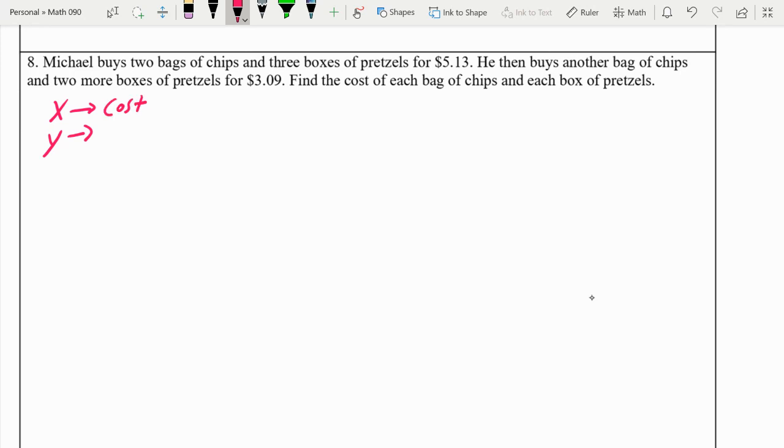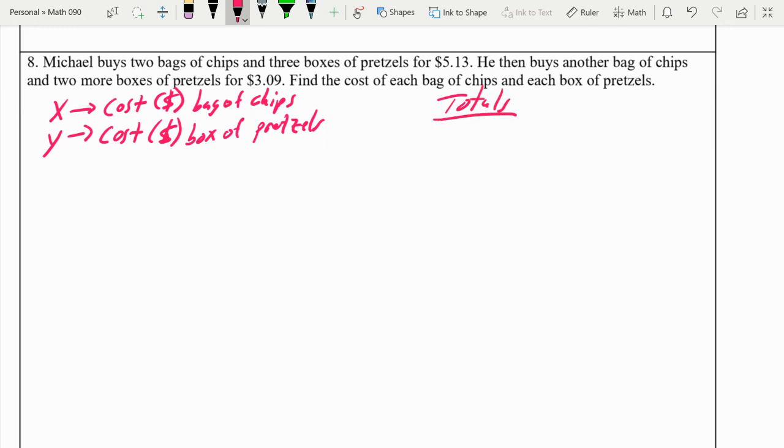The cost in dollars for a bag of chips. And Y is the cost in dollars for a box of pretzels.